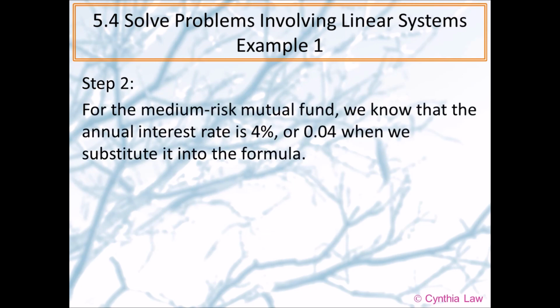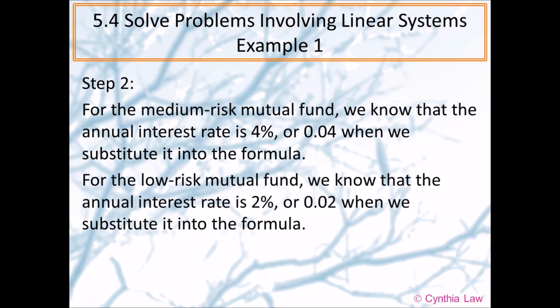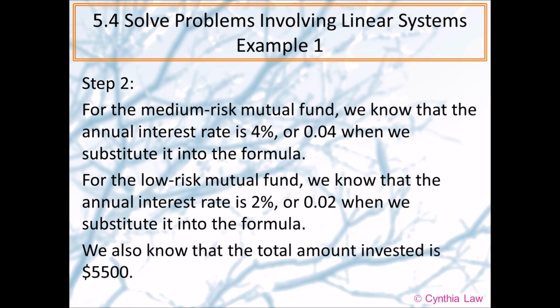For the medium risk mutual fund, we know that the annual interest rate is 4%. If we convert that into decimal form, it's 0.04. We need this decimal form when we substitute a value into the formula. For the low risk mutual fund, we know that the annual interest rate is 2% or 0.02. We also know that the total amount invested is $5,500.